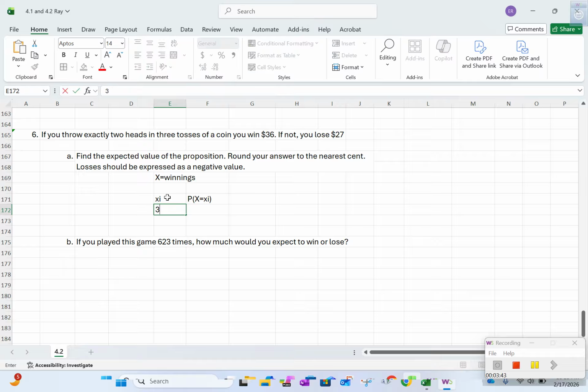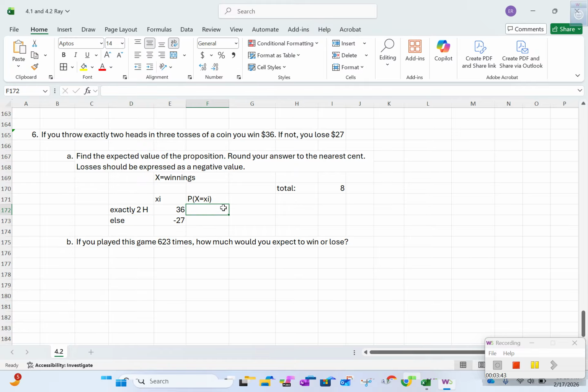You can win $36 or you can lose $27. Those are my options. Now, if I go over here, my total for this one, hopefully you remembered from earlier, when we throw 3 tosses of a coin, there are 8 ways to do that. If we want exactly 2 heads, that is 36, and if not, you lose. So this one will go with exactly 2, and this one is everything else.